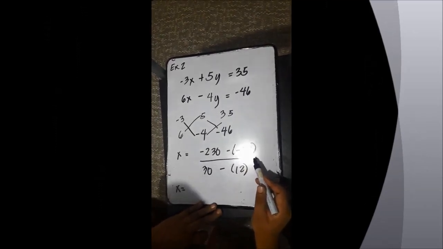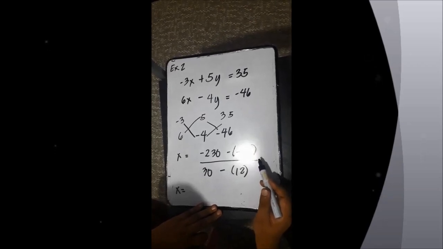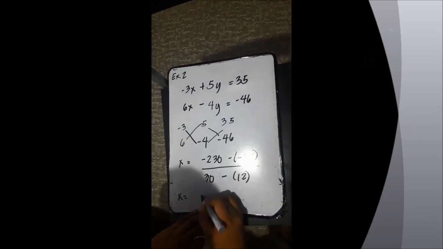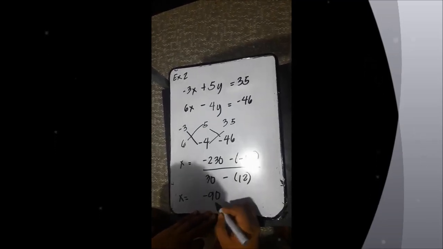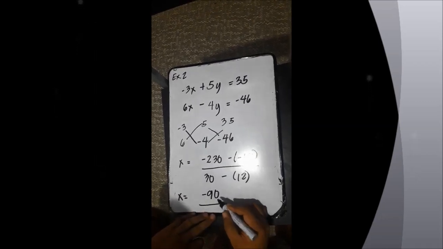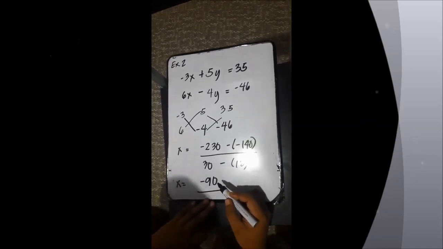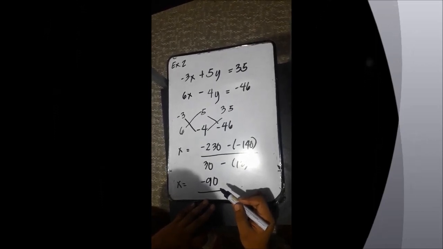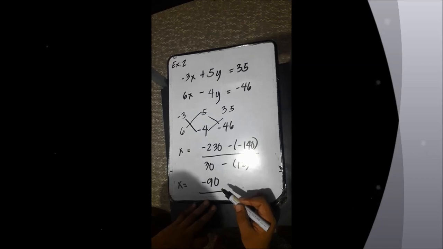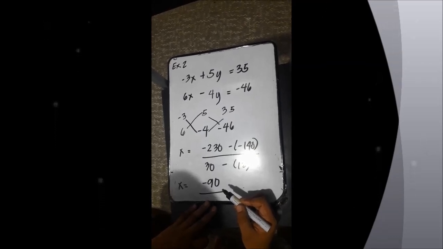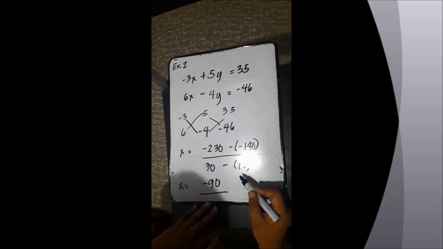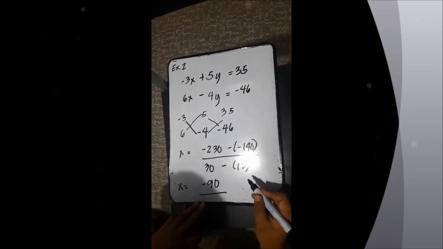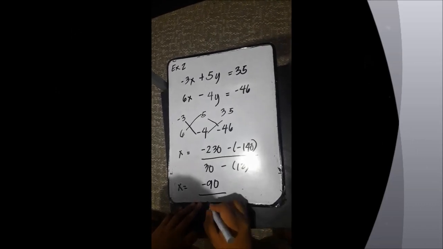So negative 230 plus positive 140 gives me negative 90 for my numerator, and for the denominator I would have 30 minus 12, which is 18.